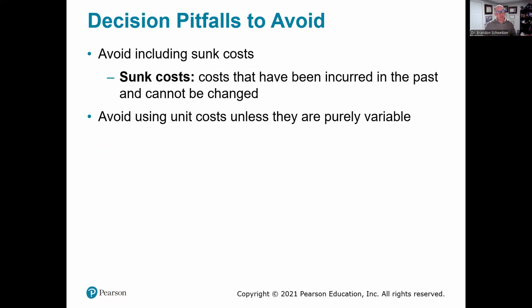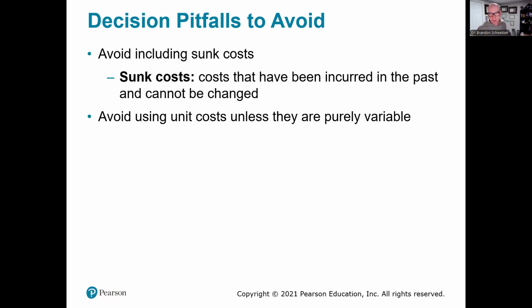A couple of things to be aware of and things to avoid as you're making these decisions. One of those is sunk costs. These are costs that have already happened, so they're not going to have an impact on the future. For example, Peloton already made 100 units of the treadmill and they're sitting in the warehouse. That's a sunk cost.